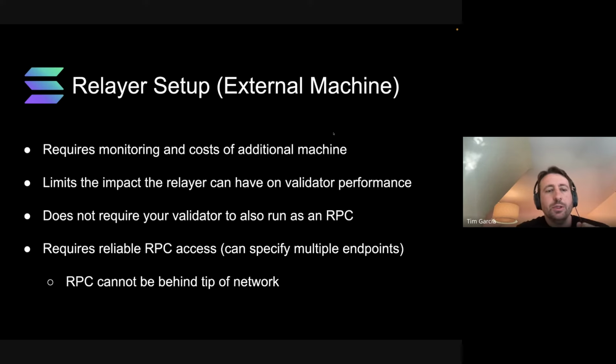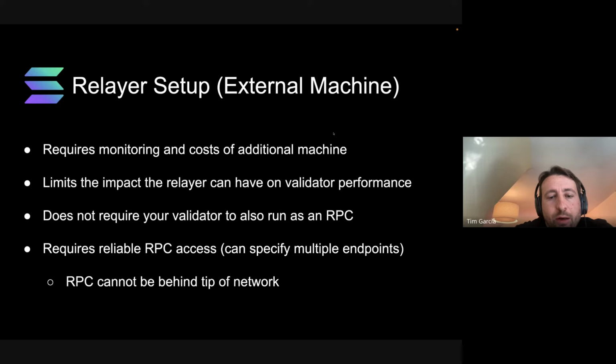The external machine setup requires, like I mentioned, a separate machine and a bit of extra monitoring of a separate node. It can potentially limit the impact the relayer has on performance, right? If there's a bug in the relayer where there's a memory leak or something spins the CPU, you're not going to impact your stake node.